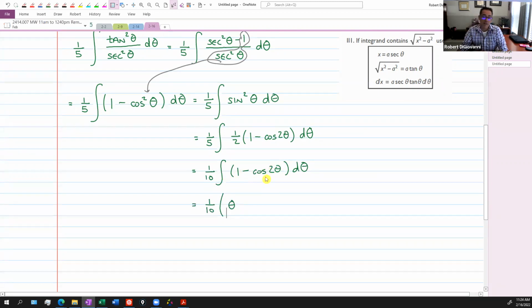And then this one you just have to be a little careful with, right? The antiderivative of cosine of 2 theta should be sine of 2 theta, but you have to scale by 1/2 to kill off the 2 with the chain rule. So minus 1/2 sine 2 theta plus c. Any questions?